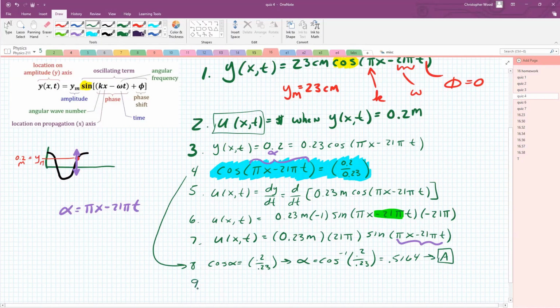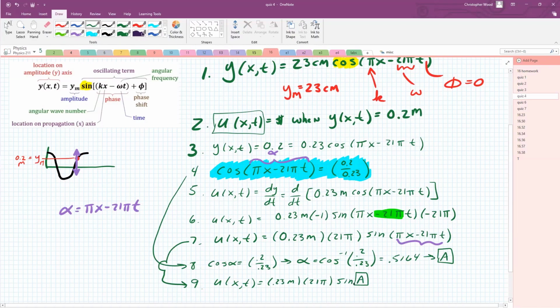So number 9, I can conclude by saying, here's the answer. The transverse wave velocity, when this red dot is at that particular location, positive 0.2 meters, is going to equal, I'm just plugging this in, 0.23 meters times 21 pi times sine of alpha A, because it's the same argument.